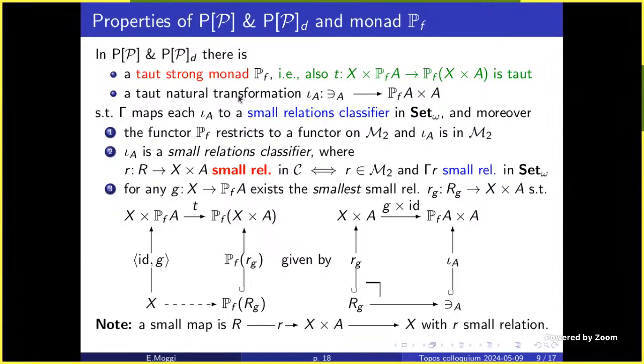We have also a taut natural transformation that gives us a small relation classifier.